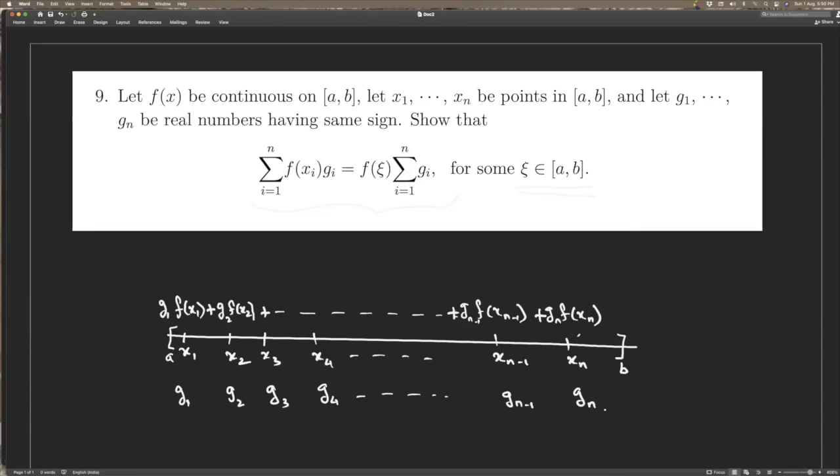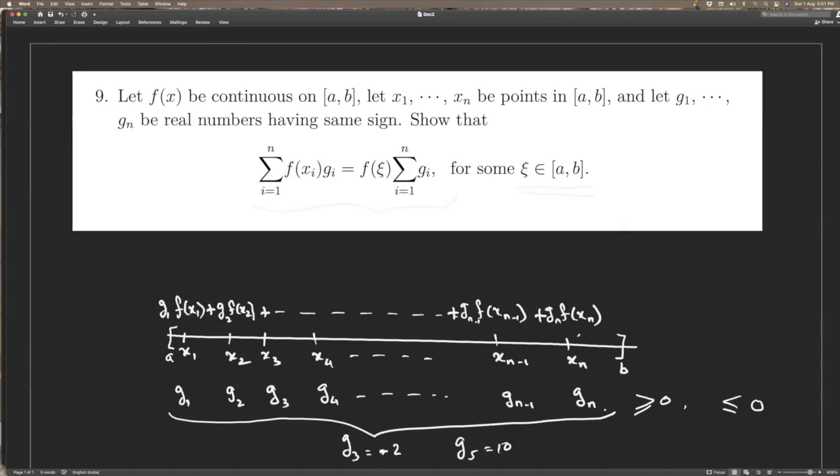Now, there is a catchy point: all these chosen numbers must be of the same sign, that is, everybody is either greater than or equal to 0 or everybody is less than or equal to 0. It's not that g3 is, say, minus 2 and g5 is 10. This kind of sign change will not happen. Either all gi's are positive or all gi's are negative.